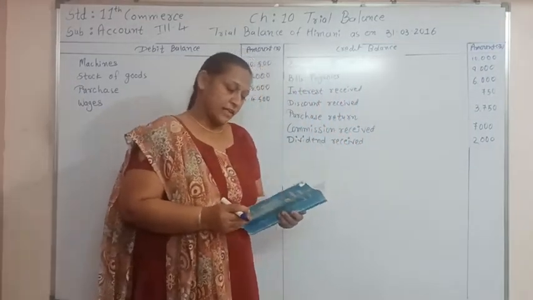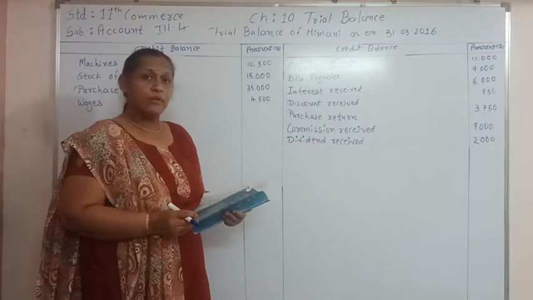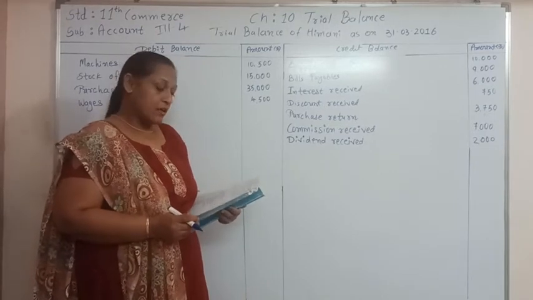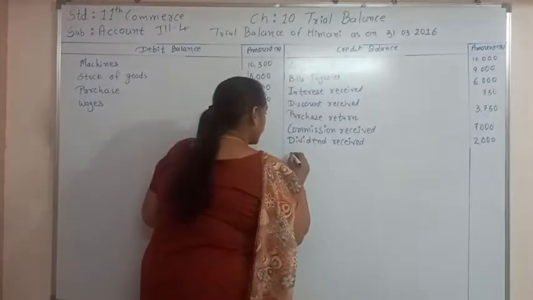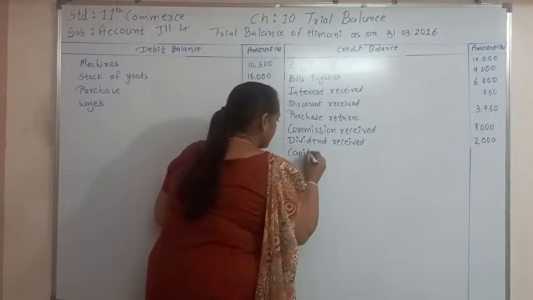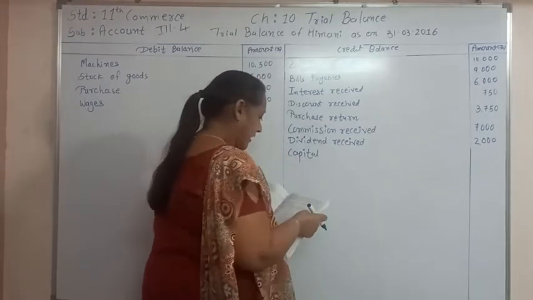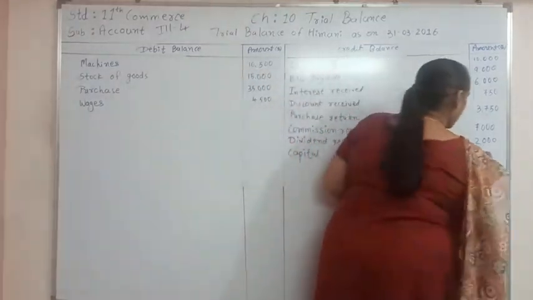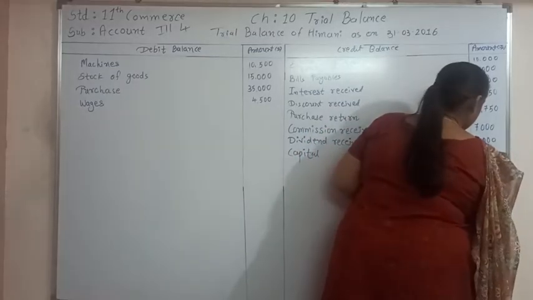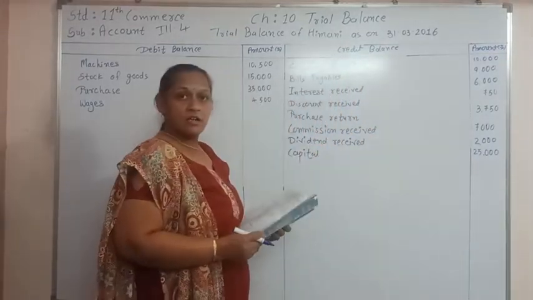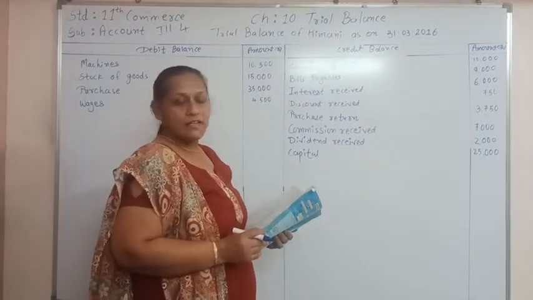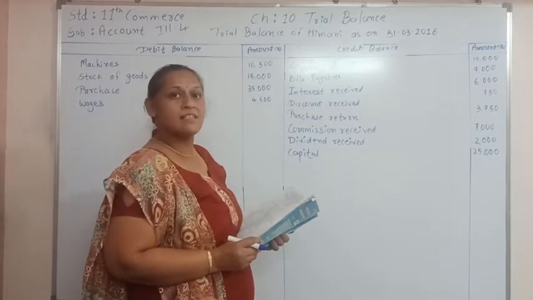Now let's see the credit side. The very first account is the capital account. As we know, capital has credit balance, so we will write it on the credit side. Capital account has balance of rupees 25,000. After capital, another account is salary account, and salary is our expense, and expense has debit balance.